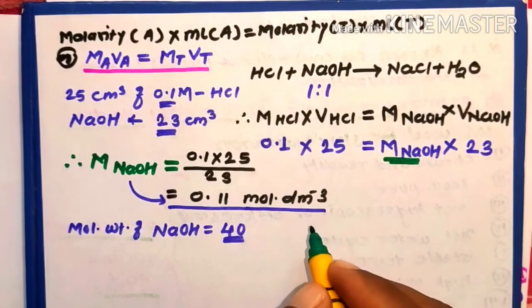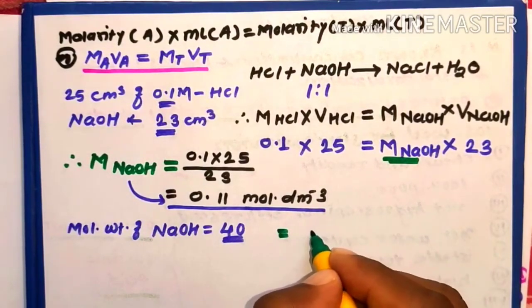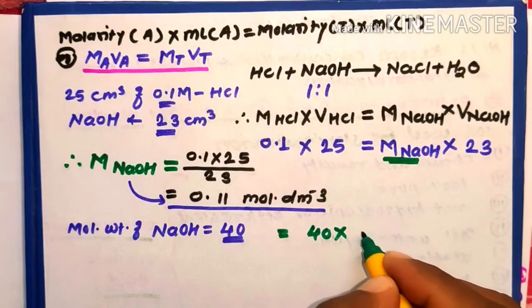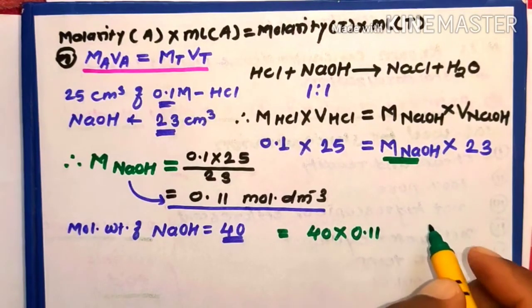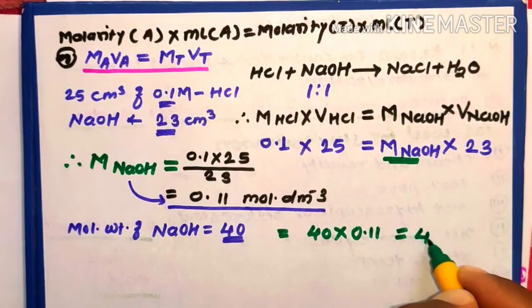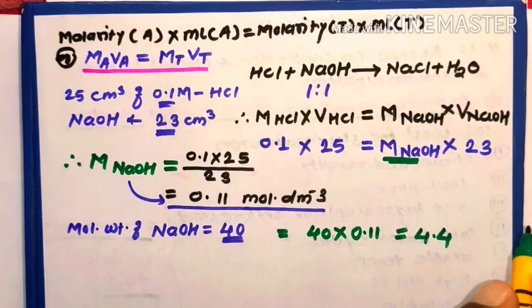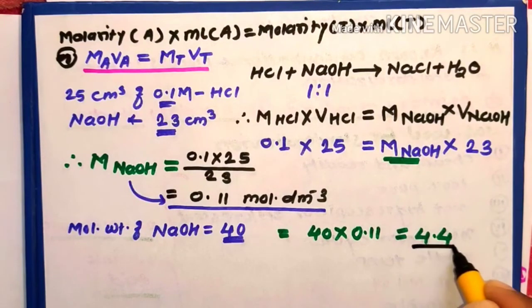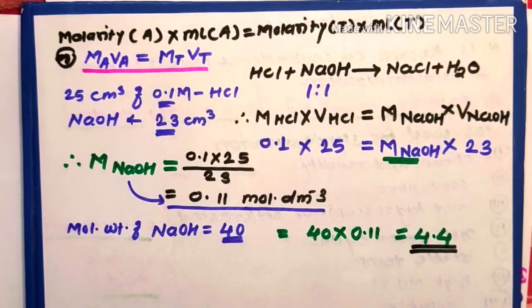Therefore, 40 into the molarity of NaOH, 0.11, gives the actual weight of NaOH required for this titration, that is 4.4 gram per dm cube. And this is the example of molarity calculations.